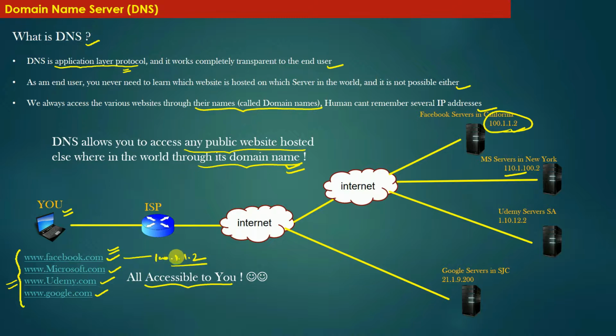And if you want to access facebook.com, you would have opened your diary and checked the IP address on which www.facebook.com is hosted. And in your web browser, you would have typed out this IP address instead of facebook.com. So without the DNS system, accessing the various websites with the ease which we do today would have been very difficult.